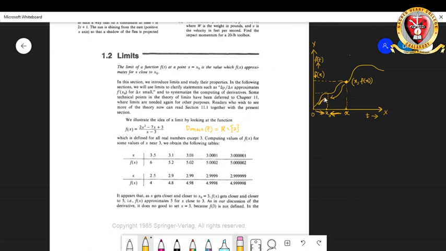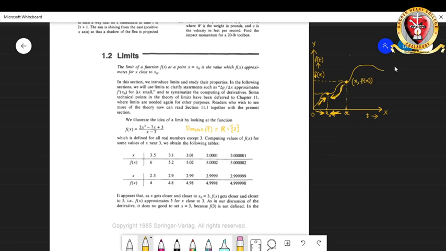Here we know that when the value is moving towards x naught on the x-axis, the function is moving like this from the left and the function is moving with the values from the right like this, right? So the function is moving to somewhere here.